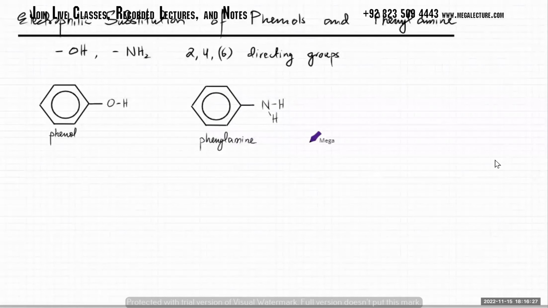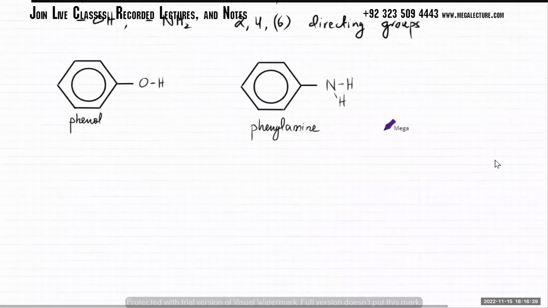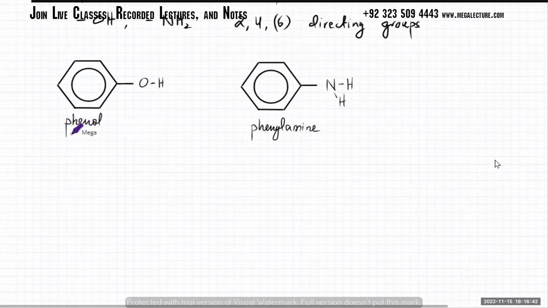And remember this, when I say phenol it's not an alcohol, ये याद रखना कि this is a different functional group. OH with benzene, it's not an alcohol. और similarly वो दूसरा वाला, that's not a normal amine, that's a phenylamine, which is different.